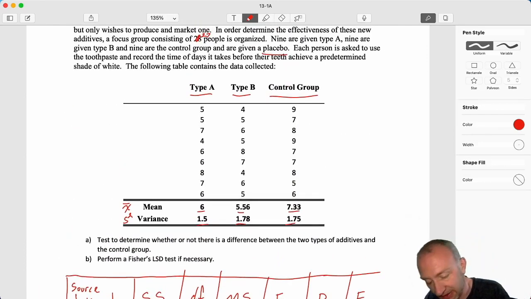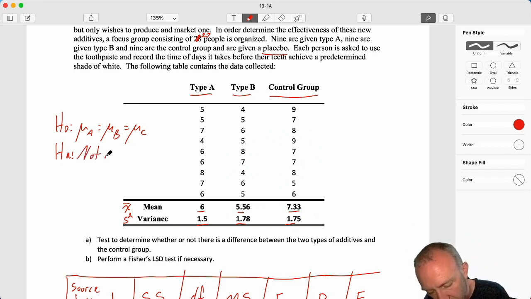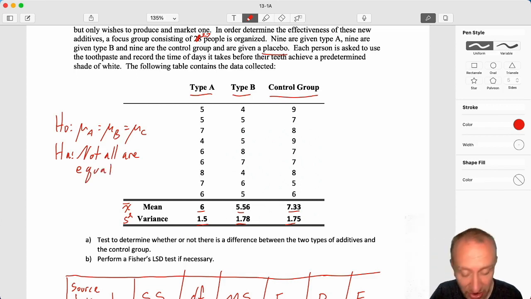Let's get into this. Our null hypothesis is that the mean of type A is equal to the mean of type B is equal to the mean of the control. In other words, there's no difference between them. The alternative: not all are equal. Again, it's a really common mistake.